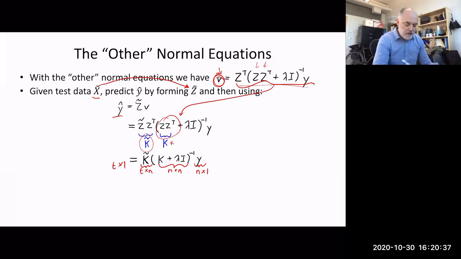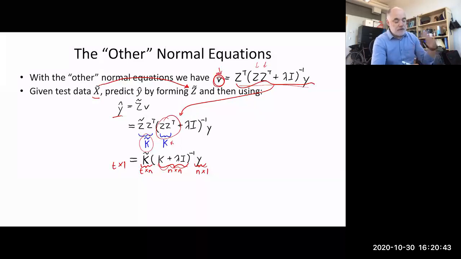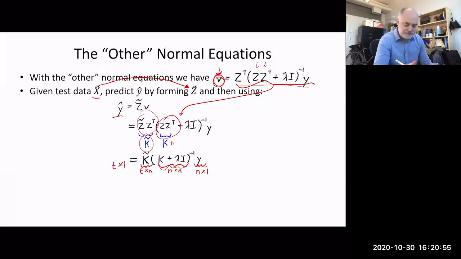We know that this inner bit is n by n. We know this is n by 1. And we know that K tilde is t by n because we have t predictions that we want to make. If you just look at the dimensions of this, it'll be clear that it's t by n.